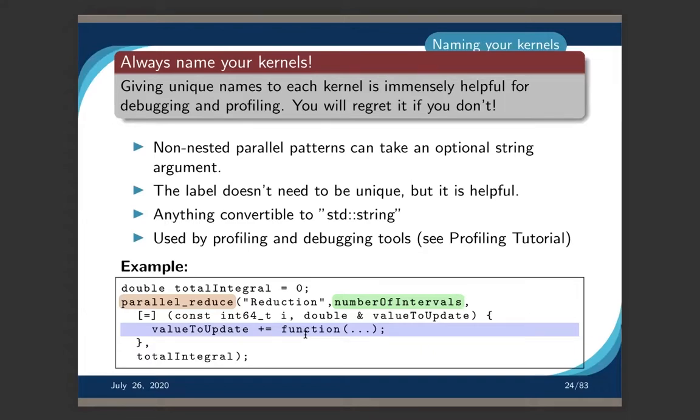Naming your stuff is really useful. We do not require unique strings, so you don't need to be paranoid about someone else naming their kernels the same way. Profiling tools would tend to mesh these together if they have the same name. But believe me, it's super useful to give every one of your parallel patterns a nice name.